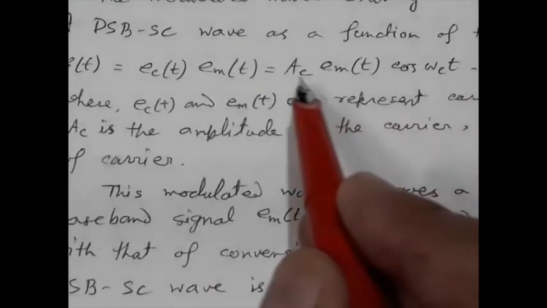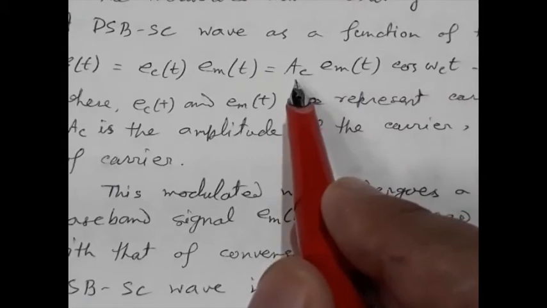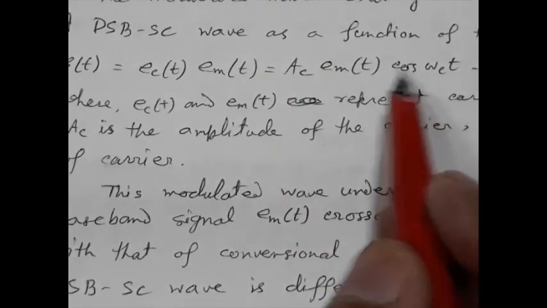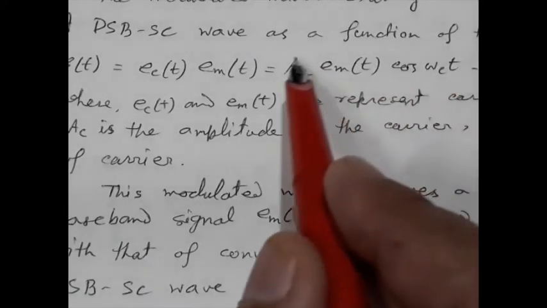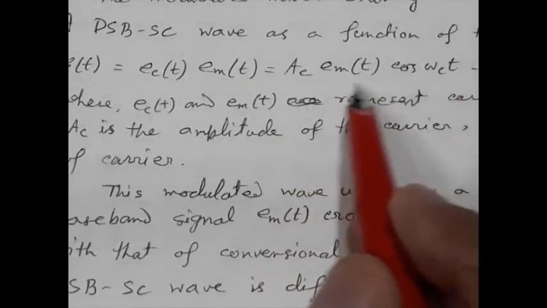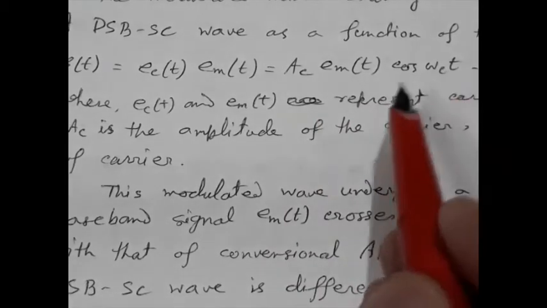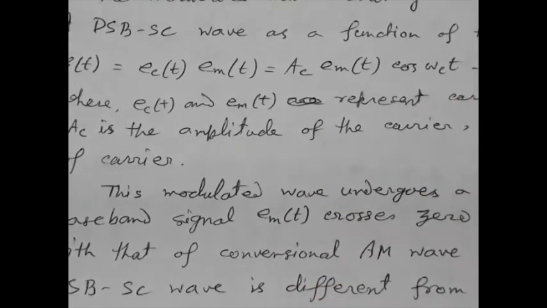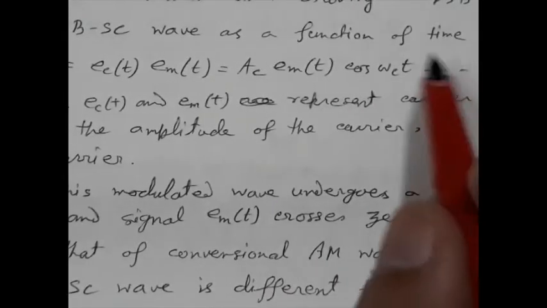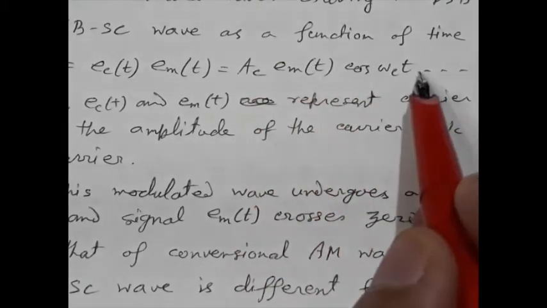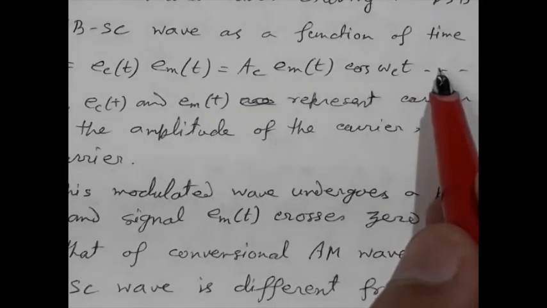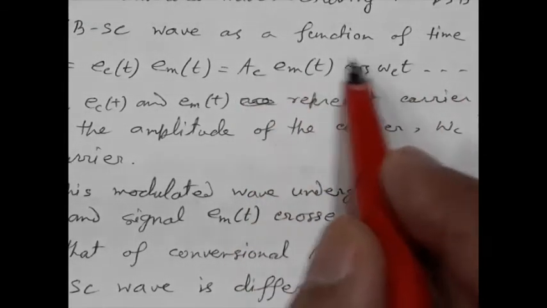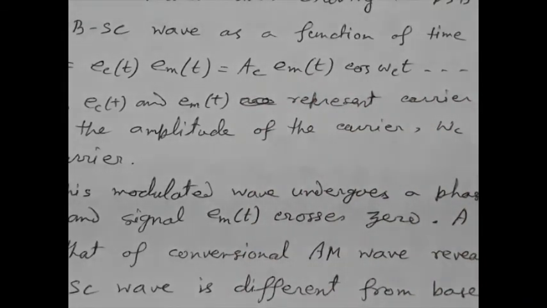Now the carrier is assumed to be sinusoidal in nature, so Ac cos(omega_c t) multiplied by em(t). So this will be the expression for suppressed carrier double sideband AM. Look at this expression, there is no carrier term, plus Ac cos(omega_c t) is not present here. So this is the expression for the suppressed carrier system.